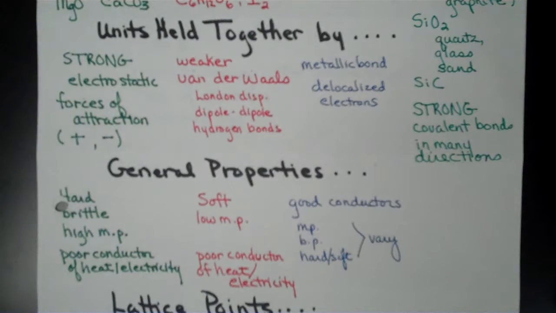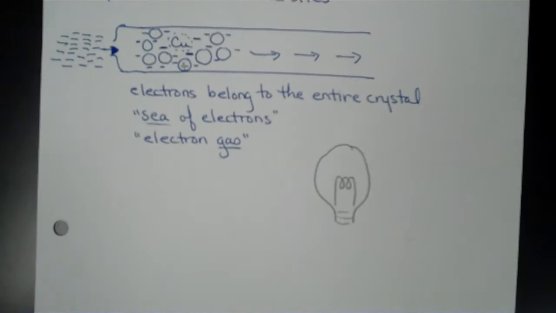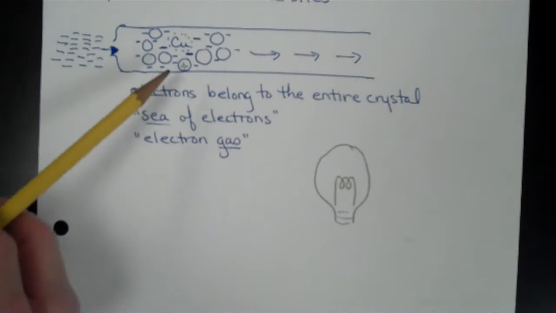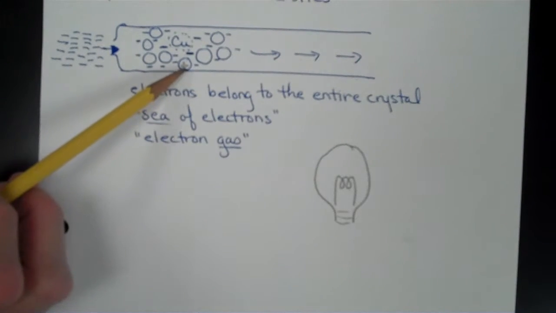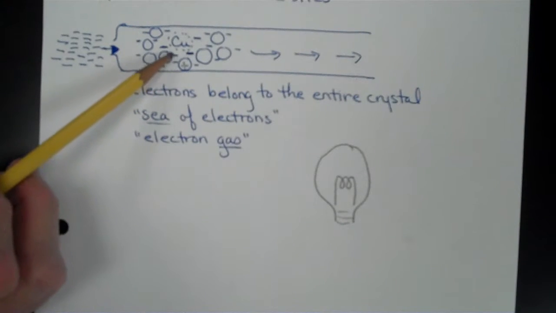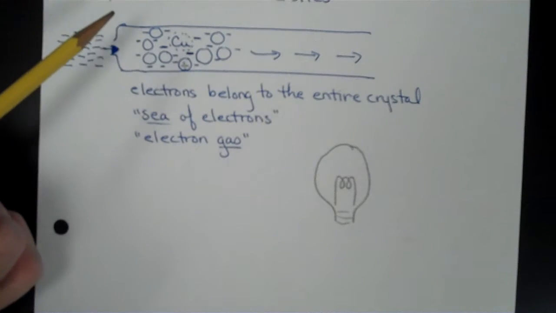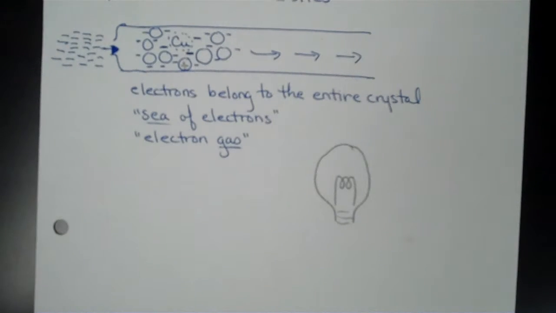I introduced the concept of a metallic crystal, and here they're held together by metallic bonds, which involves delocalized electrons. If you look at this picture, we have a copper wire, and the inner electrons and the nuclei make up the kernel, and then these valence electrons are held loosely by the metal.